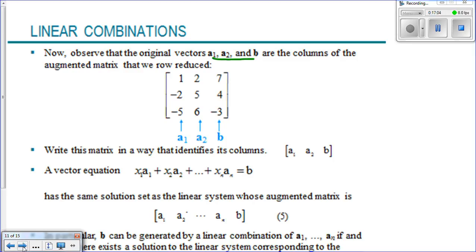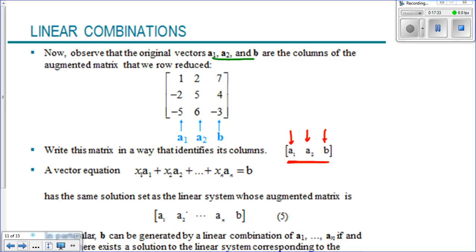So now, if we want to abbreviate it, instead of having to write out all the columns, we can say: put A1 in column 1, A2 in column 2, and B in column 3. So just realize in this form that those are vectors in the columns. So that's not a 1 by 3 matrix. That's actually an n by 3, depending on what space A1, A2, and B are in.